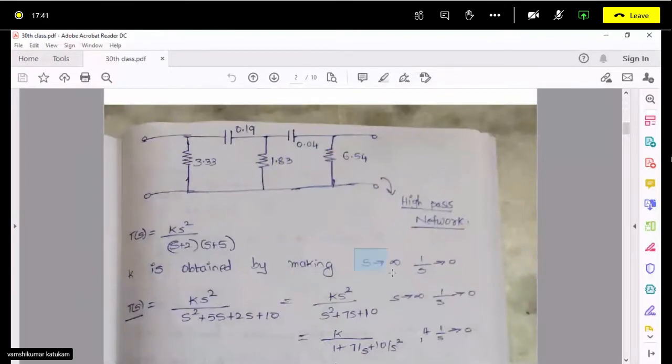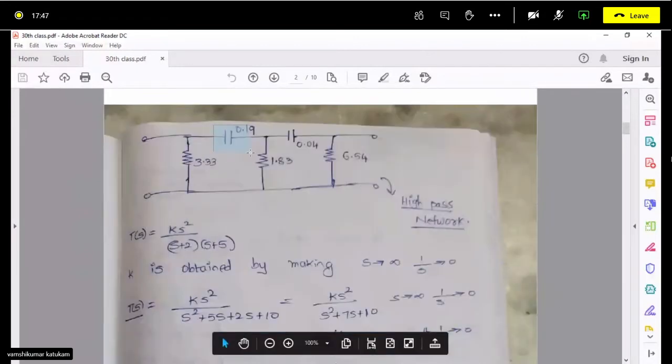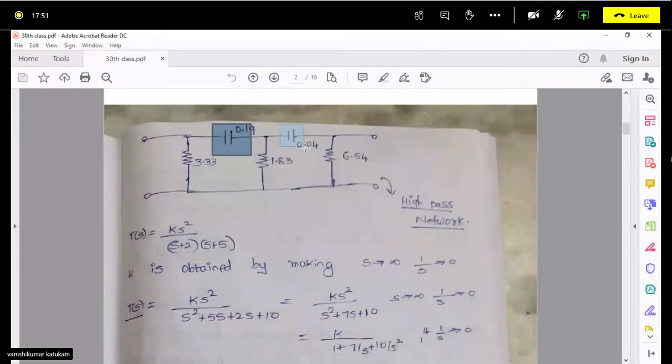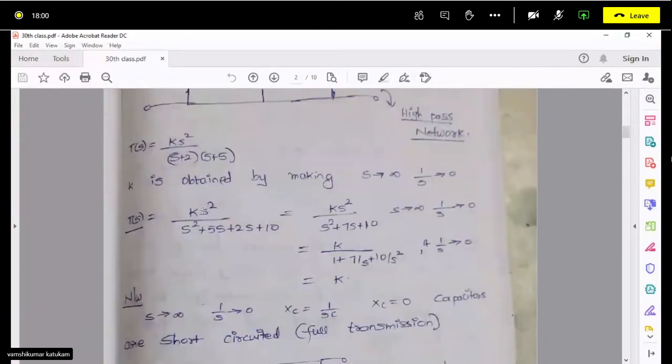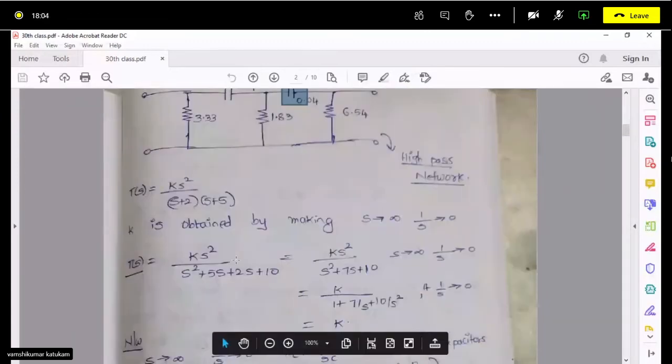If s tends to infinity, 1 by s tends to 0. Then the capacitive reactance, XC = 1 by sC, will become 0. So this reactance becoming 0 means the capacitors are short circuited, so there is a full transmission. You can obtain the K value in this way.